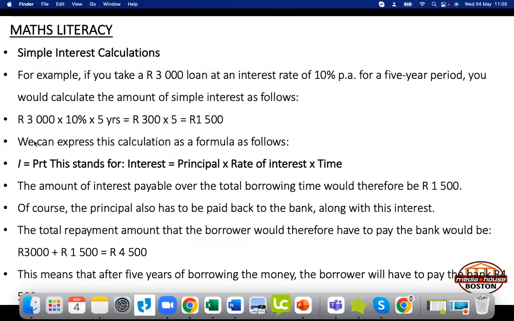Of course, the principal also has to be paid back to the bank along with the interest. So the total repayment amount that the borrower would have to repay to the bank would be 4,500. This means that after 5 years of borrowing money, the borrower will have to pay the bank 4,500. Questions?